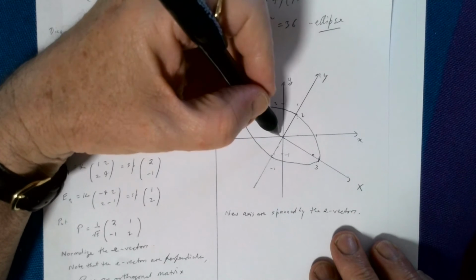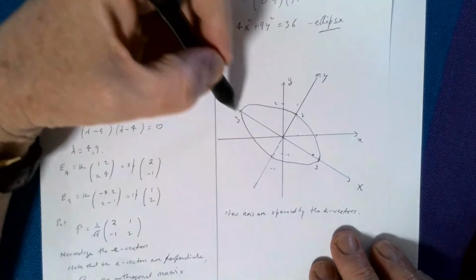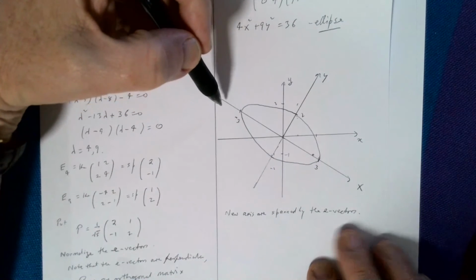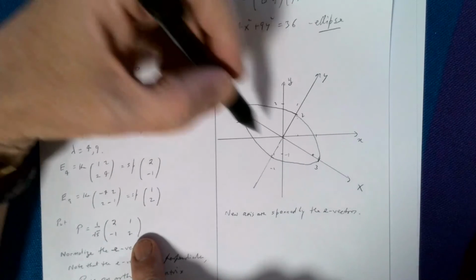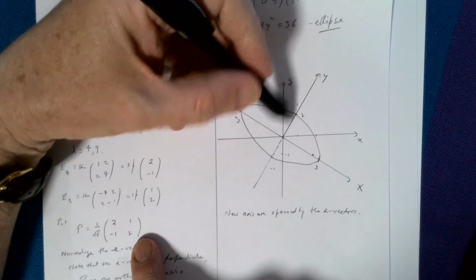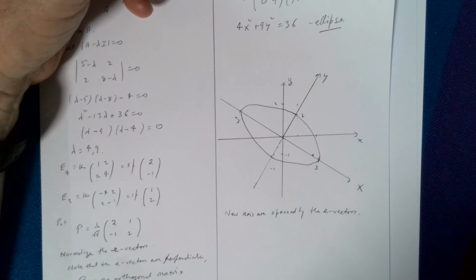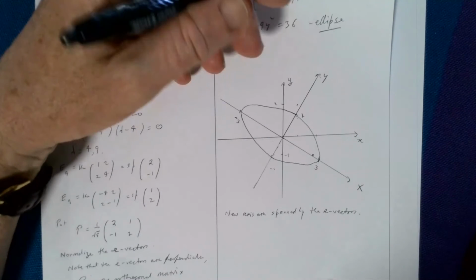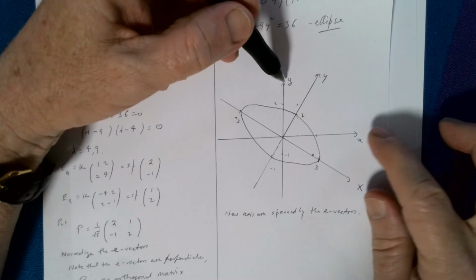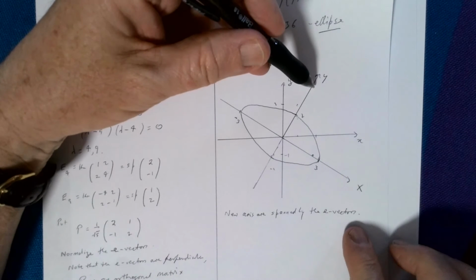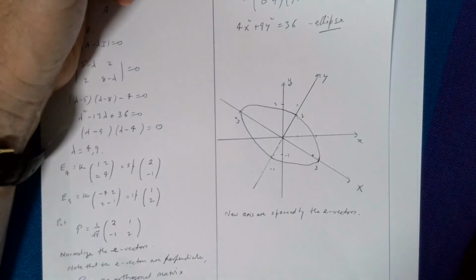So there becomes my new capital X axis, and the second eigenvector was 1, 2, so 1, 2 up here. There's the other axis. And you see what this P matrix has done. It's rotated the old axes around to form these new axes, and that's the P matrix.